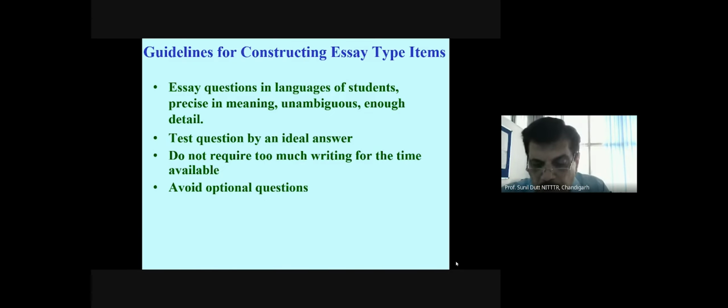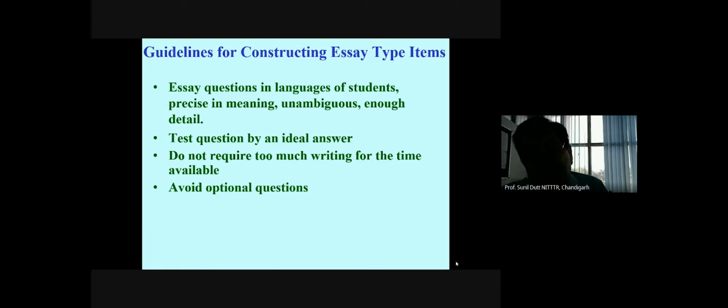Do not use optional questions unless special circumstances make such options necessary. It means all the students should attempt all questions. You see, in a question paper where the students are asked to attempt any 5 out of 8, one student is attempting question number 1, 2, 3, 4, 5.